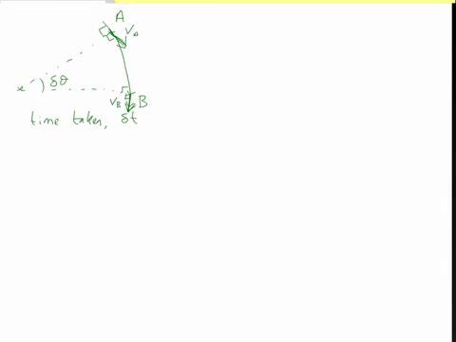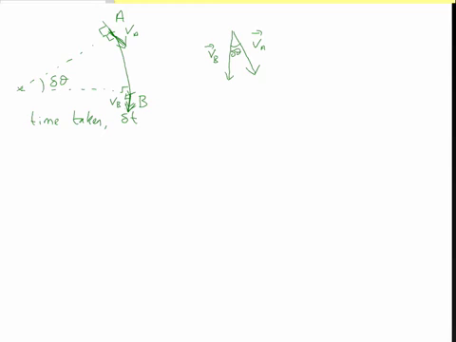So I can draw this bigger to try and make it clearer. I can draw it like this, where this is velocity B, and this is velocity vector A. And this angle here is delta theta.